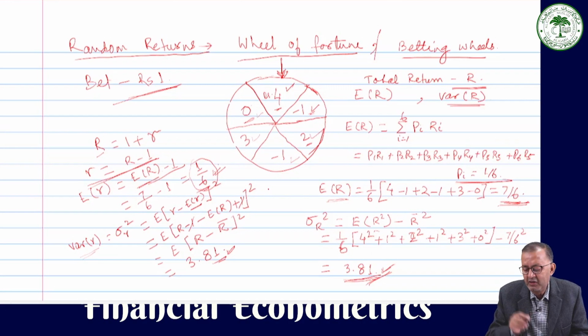And what is that probability? The probability here is equal to 1/6. So with 1/6 probability, we have tried to explain that the decision by the investor will be taken on the basis of mean return and the variability in the return, or the rate of return and the variability in the rate of return. And what do we observe? The variability in the total return and the variability in the rate of return is the same.